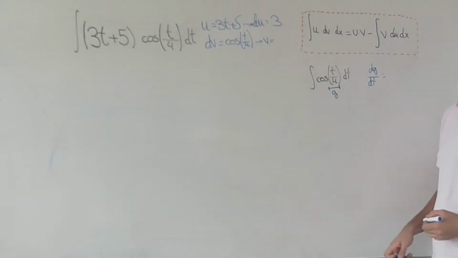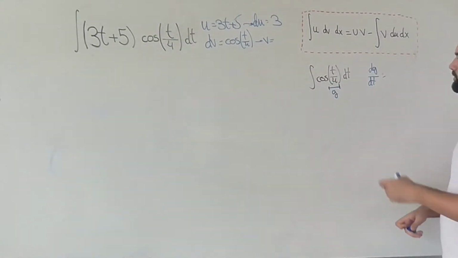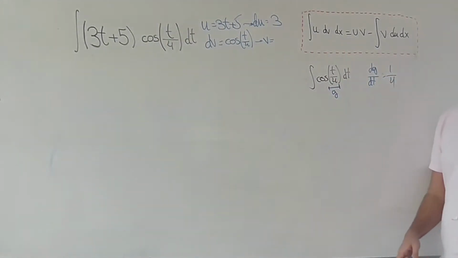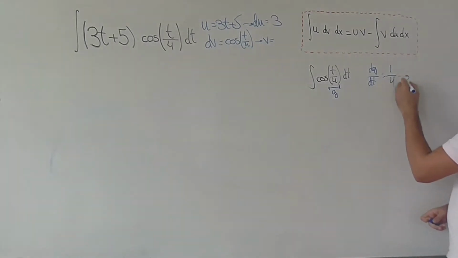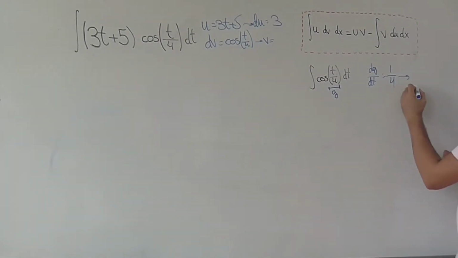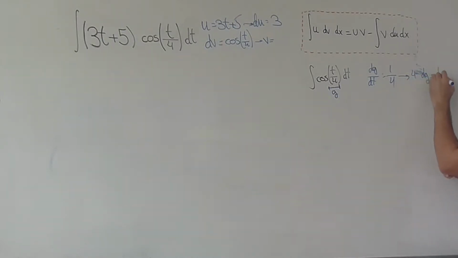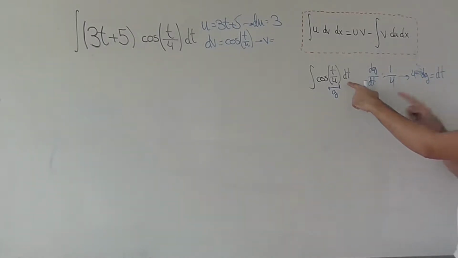Technically speaking, t over 4 is t times 1 over 4, the t goes away, we just have 1 over 4 over there, and we can change some stuff, so we will have that 4 times dg is going to be dt, and then this dt is this one over here, so we will substitute it.